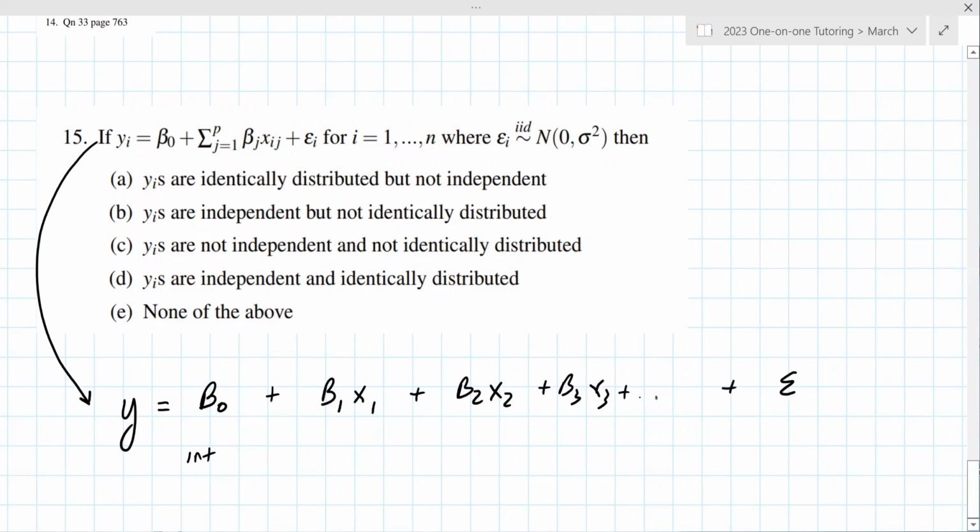But basically, this is a multiple linear regression equation. This stuff on the right here says that the error is normally distributed with mean 0 and variance sigma squared. But that's kind of a standard thing.